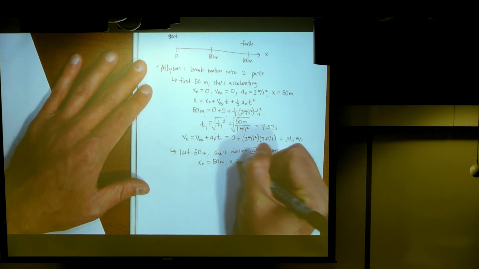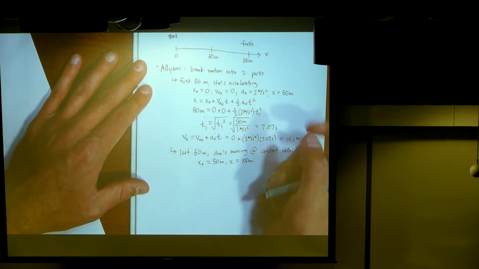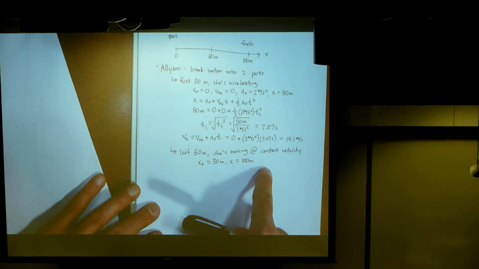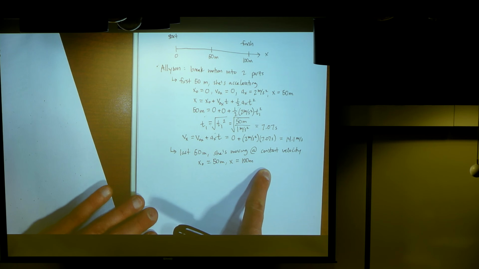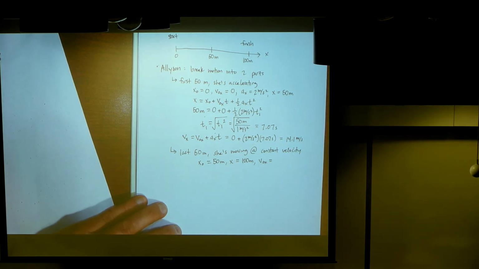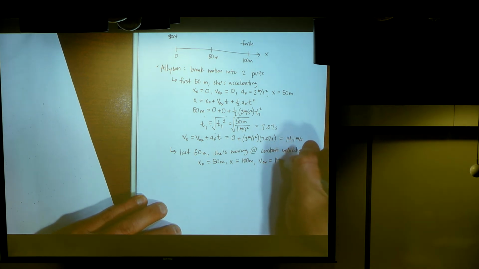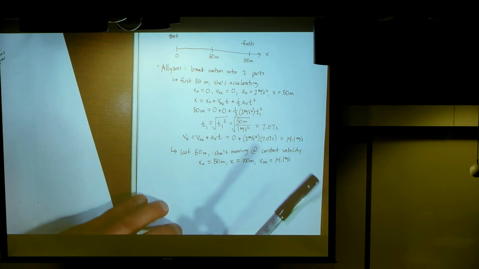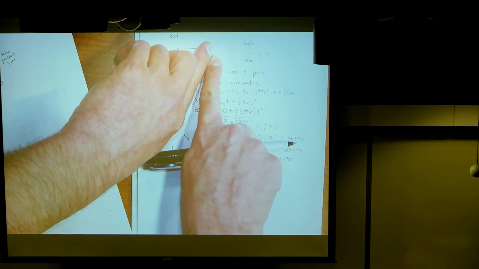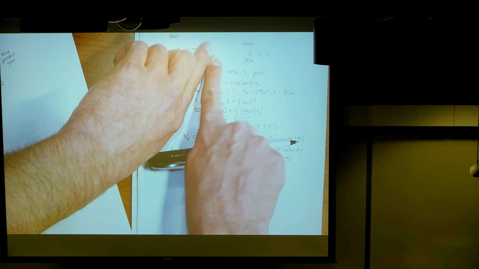But we end up at a position of 100 meters, because we're considering moving from here to here. So x naught is 50, x is 100. Okay, what can I say about v naught x for the second part of the motion? It's 14.1 meters per second.